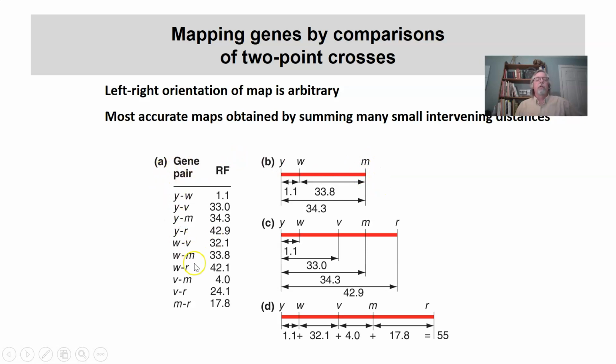We can do that for a number of other genes as well. So they're shown here: the R gene, the V gene. If we do all pairwise combinations of genes in dihybrid test cross, we can come up with recombinant frequency values for each of them. And then based on these recombinant frequency values, we can determine the order of all 5 of those genes along the chromosome.